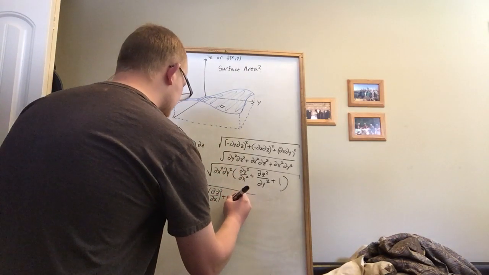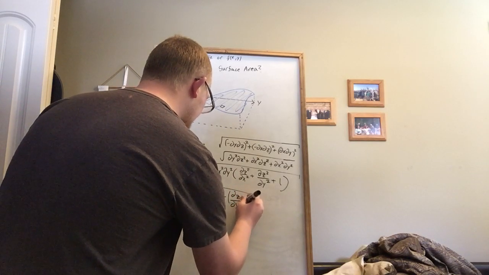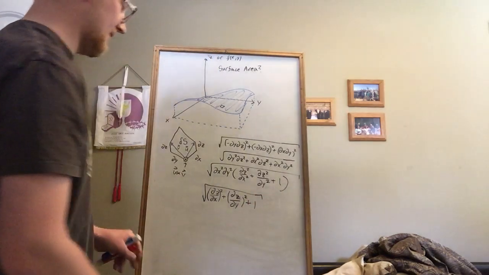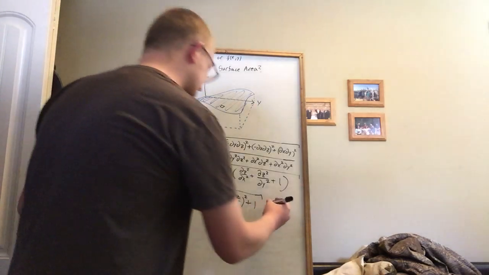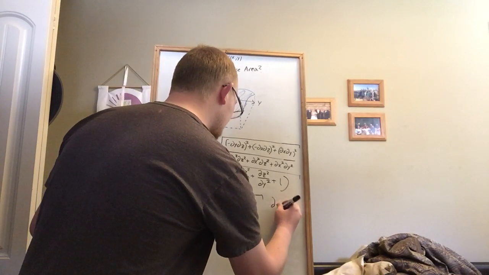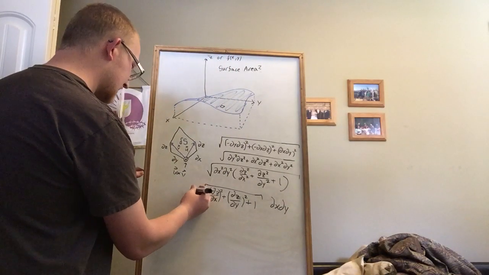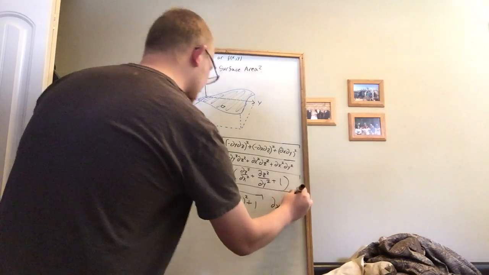And then I'll do it for this next component, which is (dz/dy) squared, plus 1, and then the root ends there. And now we have a dx dy outside of the root. So we just solved for our small surface element.